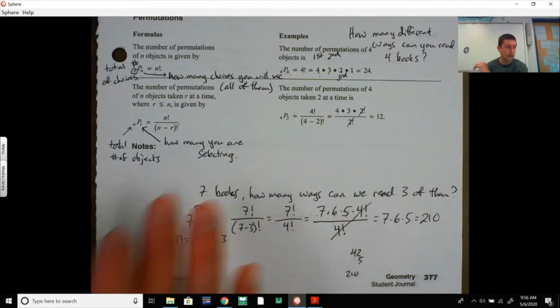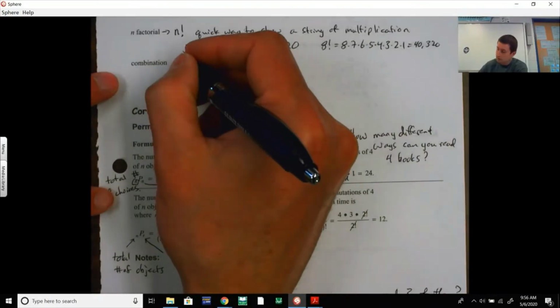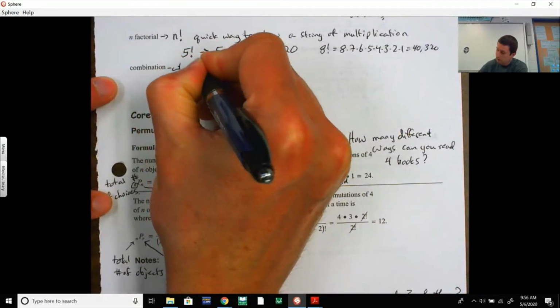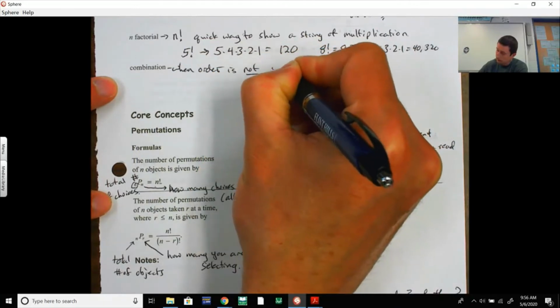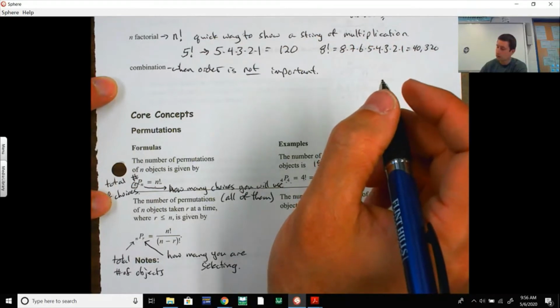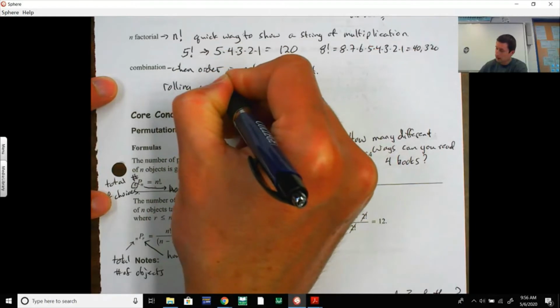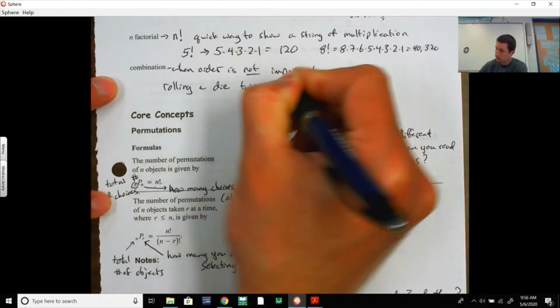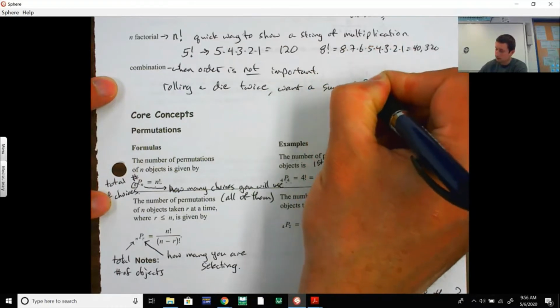Okay, so a combination. Let's go back up here. A combination is used when order is not important. Let's say we're rolling a die twice and we want a sum of 7.